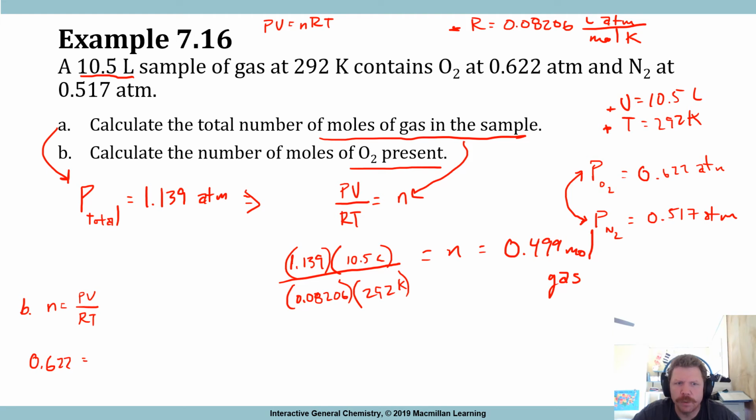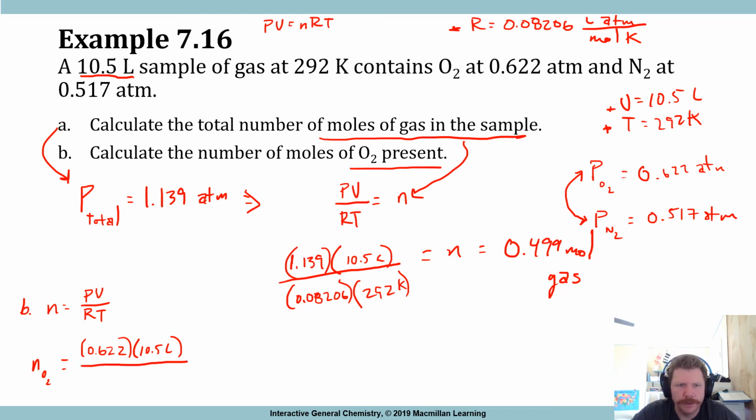N is what I'm solving for. N sub O2 is equal to the pressure of O2, which is 0.622. The volume, the total volume of my system is 10.5 liters.